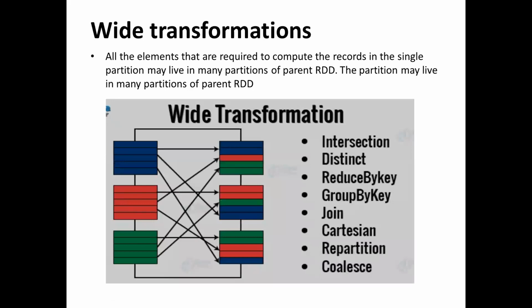Another one is wide transformations. With wide transformations, the elements required for computing a single partition may live in many partitions of the parent RDD. For example, if I want to do an intersection, I want to read from multiple partitions of the parent RDD, make a new partition out of them, and then get the result.